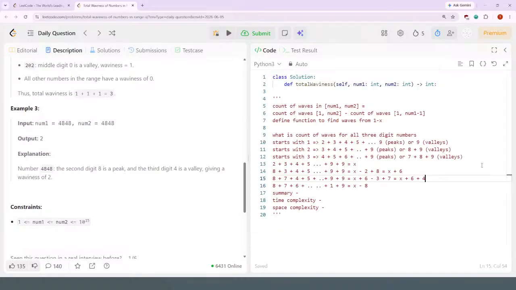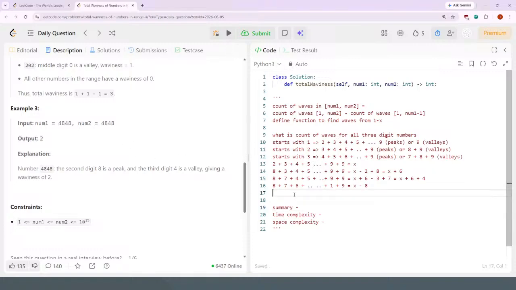X. X plus 6 plus 4. X plus 4, X plus 2, X plus 0, X minus 2, X minus 4, X minus 6, X minus 8.